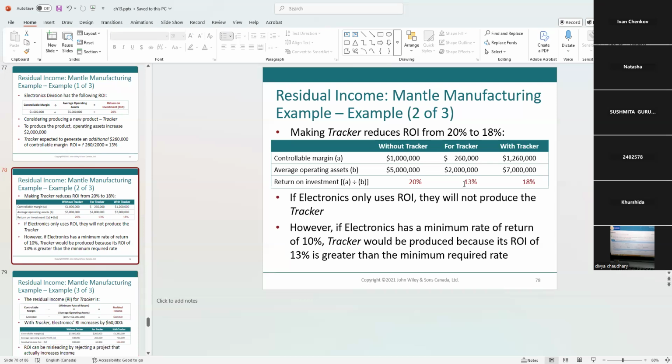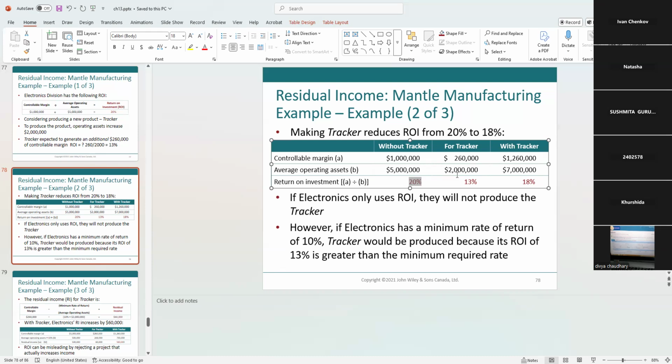For that project only, they're going to make 13%. If we add that project to the total company, we're going to get 18% return on investment, which is lower than what we currently have. So for that reason, most likely this project is going to be rejected.